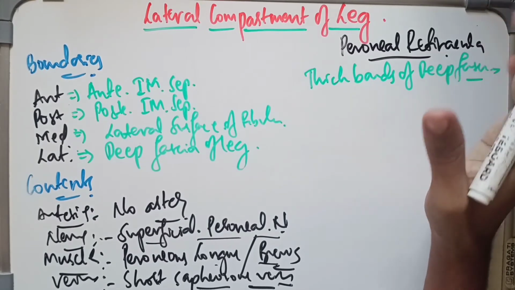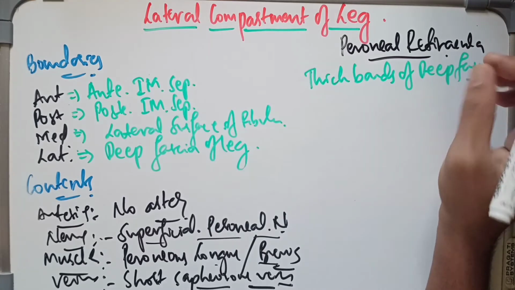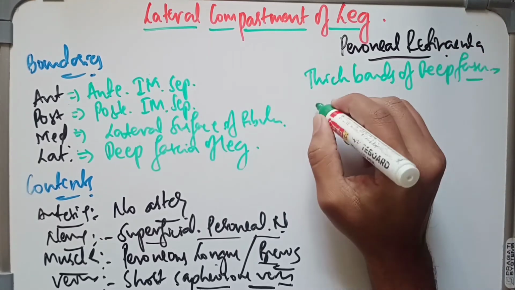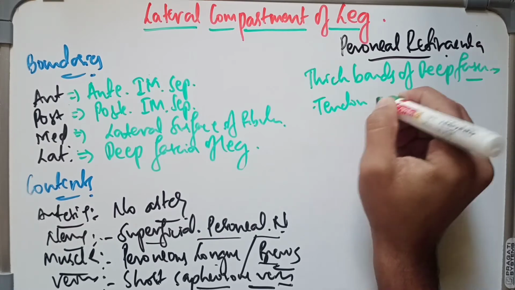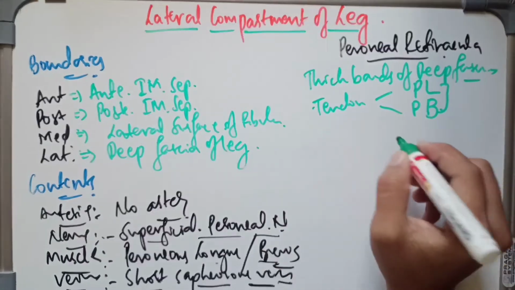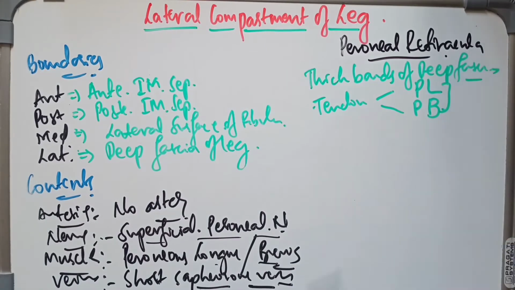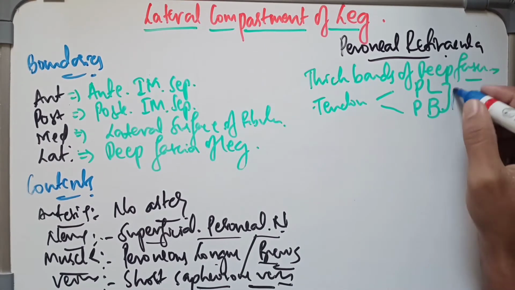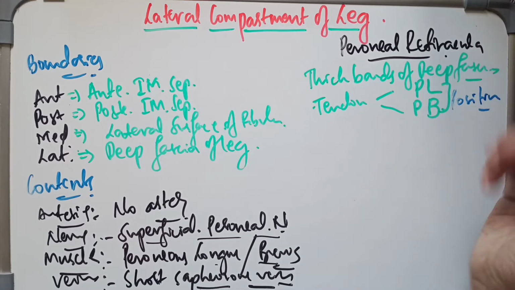Their work is to keep in position the tendons of the peroneus longus and peroneus brevis. These are the two muscles of the lateral compartment of the leg, and the work of the peroneal retinacula is to hold the tendons of these two muscles in position.